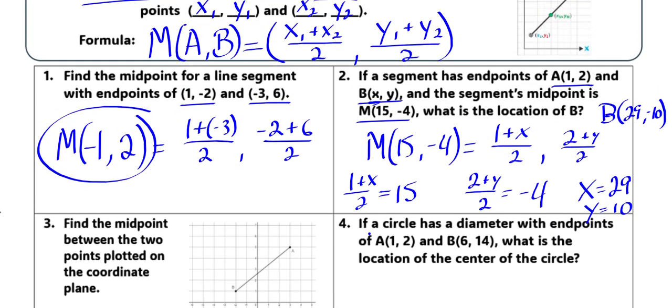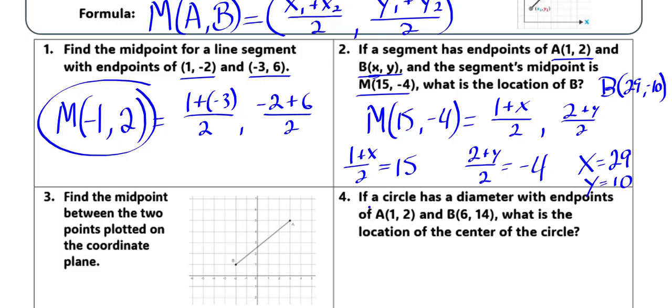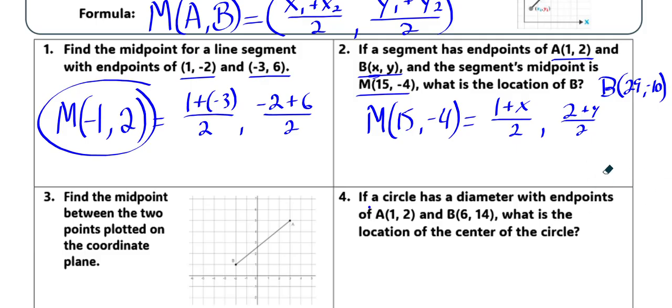I do want to point out what I think is an easier way to do that. So you could set up these equations, but I'm kind of just visualizing what's happening there, going from A to B with my midpoint, 15, -4. Again, if you want to do it in a systematic way, set up these equations. I just think this is faster. So going from 1 to 15, I know gets me halfway to B. That's the midpoint.